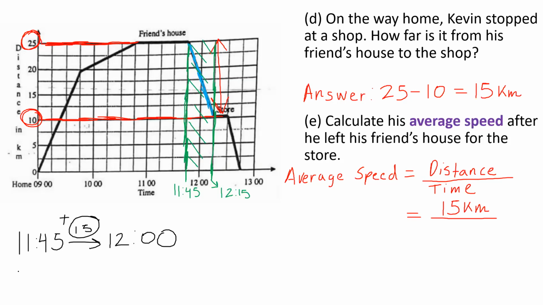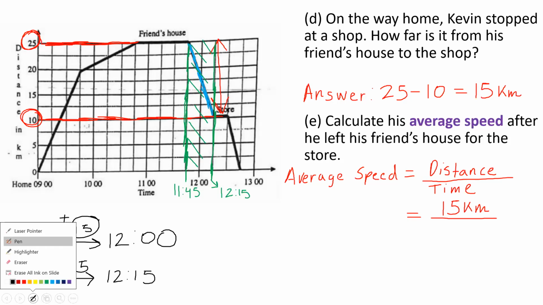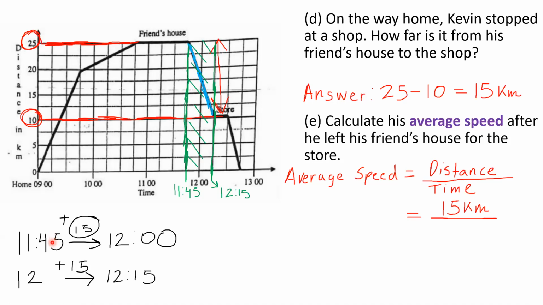Now, if we're moving from 12 o'clock to 12:15, how many minutes have already passed by? That's going to be 15 minutes. Good. So in total, how many minutes move from 11:45 to 12:15? 30 minutes.